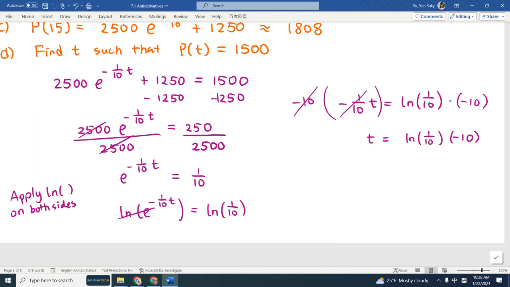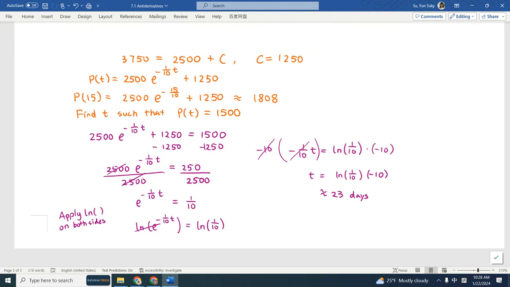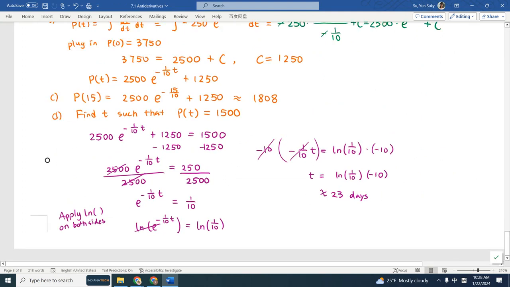Okay, so put this in your calculator. What do you get? 23rd day. Yes, so that's the answer. Okay? All right. So this is a real life problem. We have the population model, and then we can integrate the rate of change to get a population.